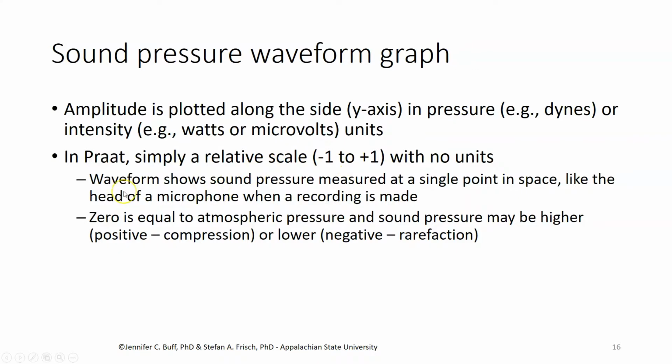Almost all of the time when we're looking at waveforms, we are looking at the sound pressure that's measured at a particular point in space, like the microphone that is recording the sound, and how that changes over time. And once again, 0 in this graph is atmospheric pressure. The sound pressure may be positive, higher in cases of compression, or lower, negative in cases of rarefaction.